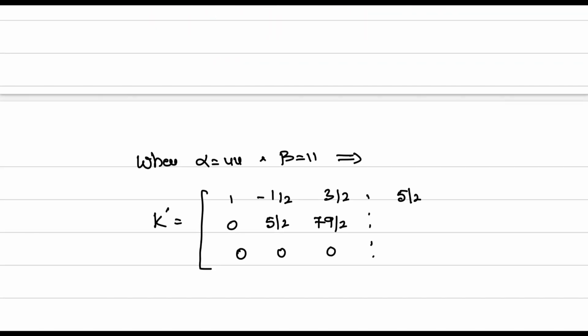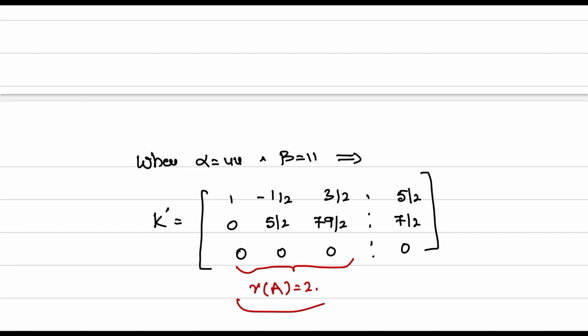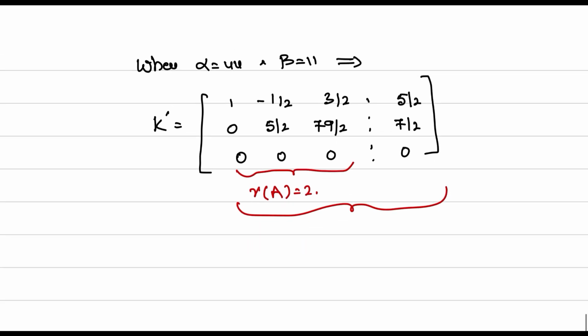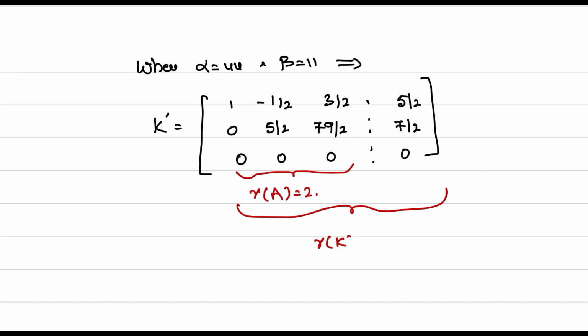That means the rank of this matrix RA is equal to 2. Rank of the total matrix RK is equal to 2. RA is equal to RK but less than N.